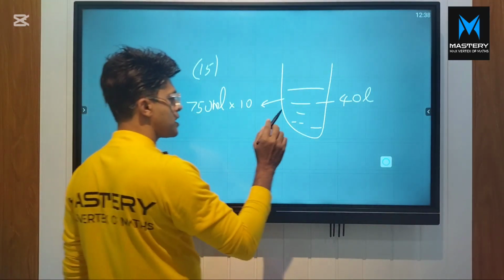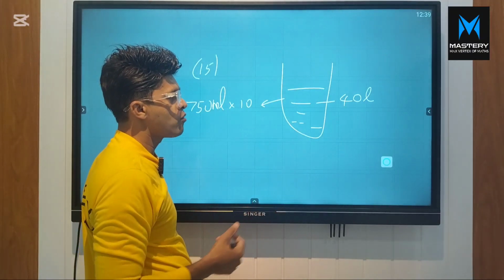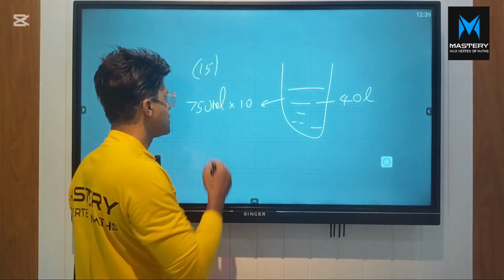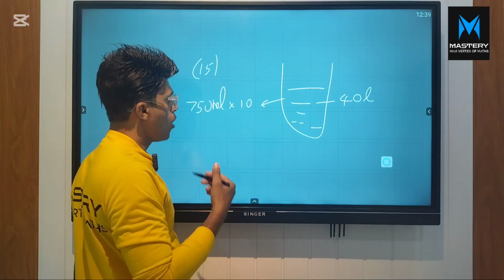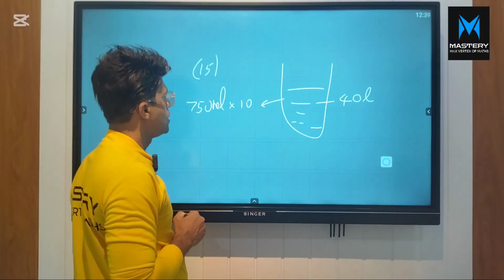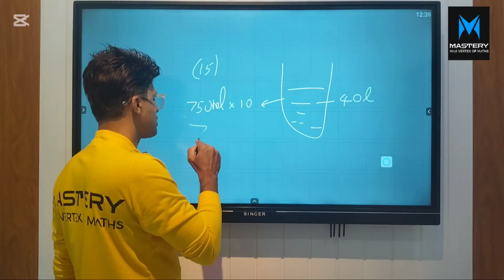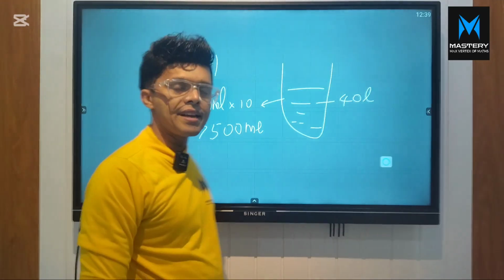The question is, after getting this water out, the remaining capacity should be calculated. So we calculate the taken out water, multiplying 750 by 10, which is 7,500 milliliters.